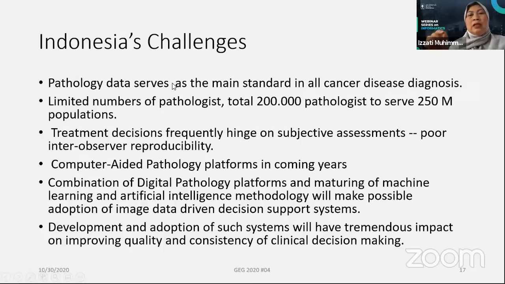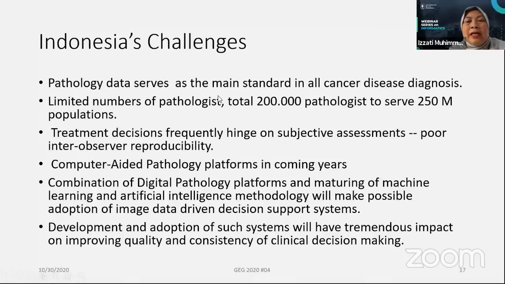The laboratory worker will do a fine needle biopsy in the area where you feel pain on your breast, and then they take the cells and put them on a slide, and the pathologist will decide whether it's benign or malignant.